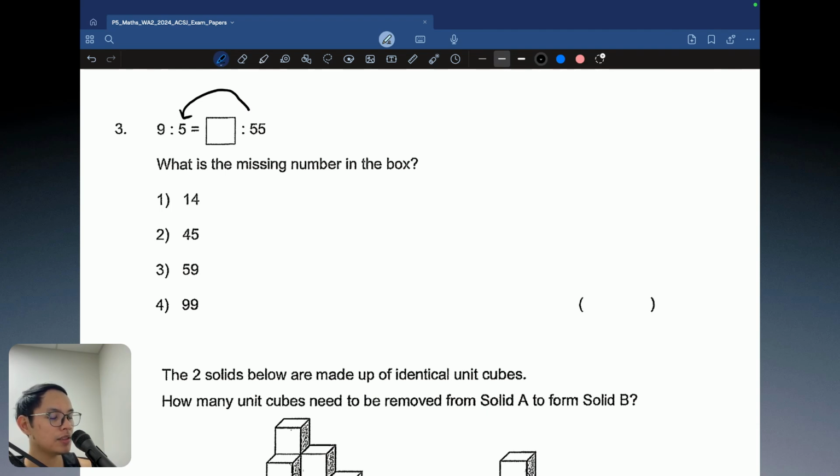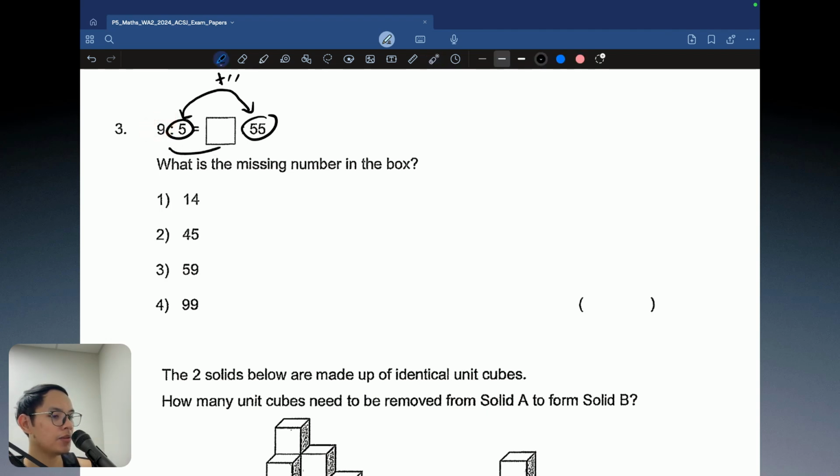So what divides 55 to 5? The answer is 11. If you reverse it, which is multiply, that means we multiply 5 by 11 to make it 55. That means we do the same with number 9.